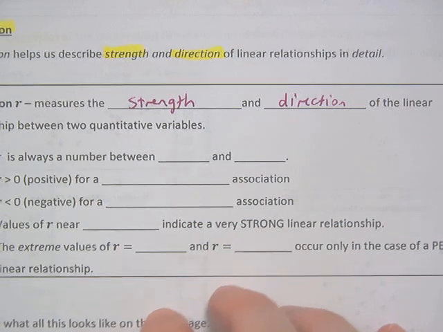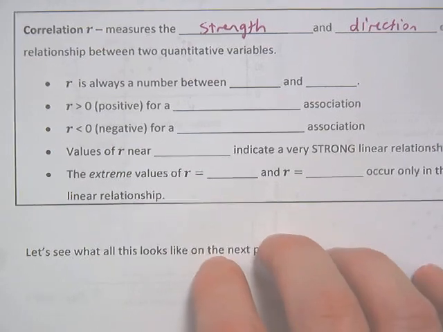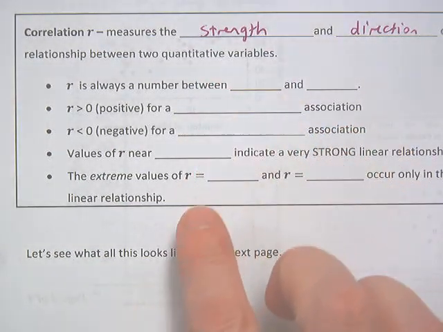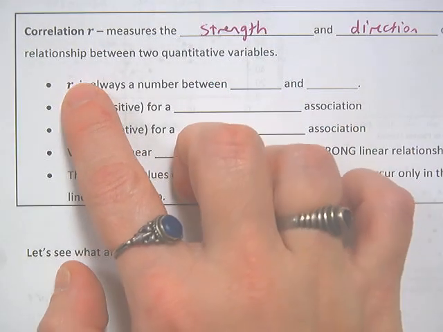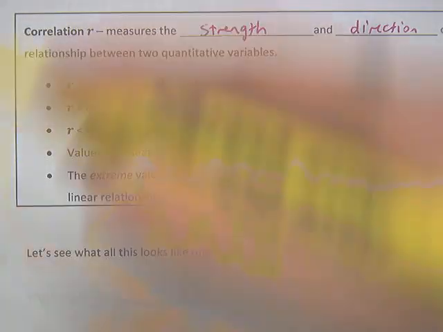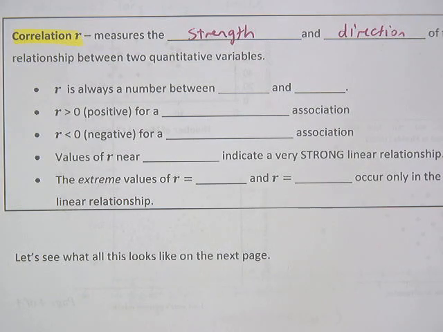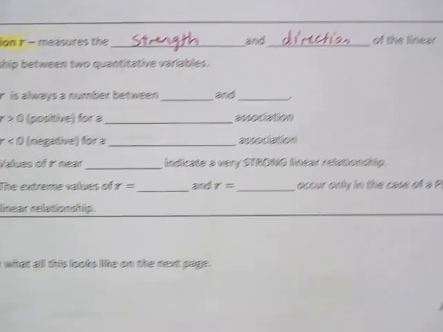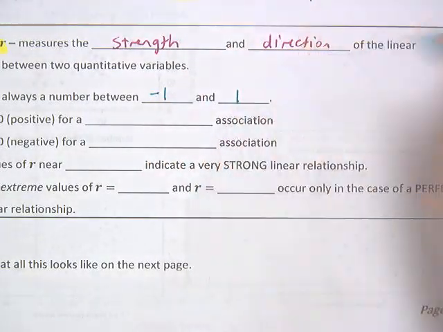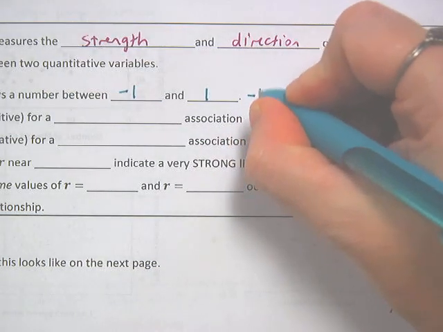And then we've got these little bullet points. I created a test question out of these too. Here are some different characteristics of R. Correlation is represented by the variable R, okay? And I want to tell you that R is always going to be a number between -1 and 1. So on a test, it might look like this.